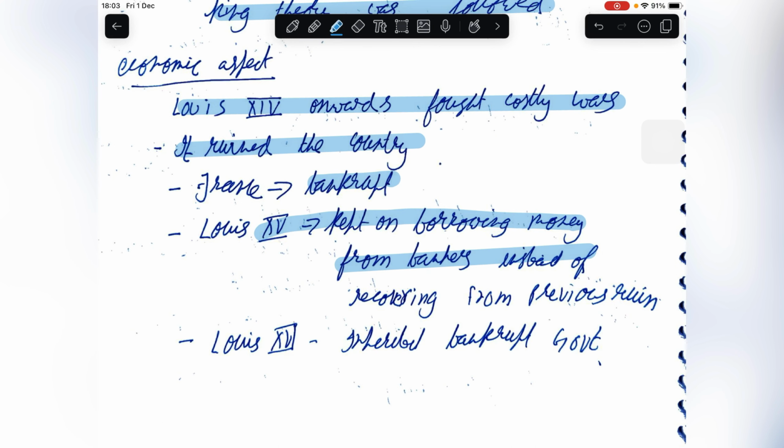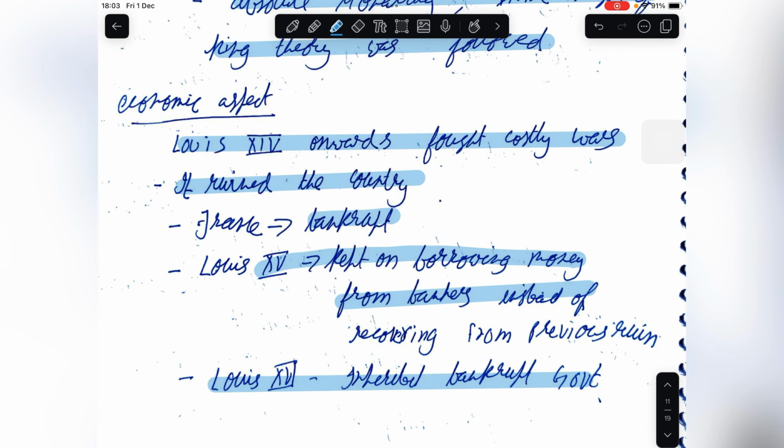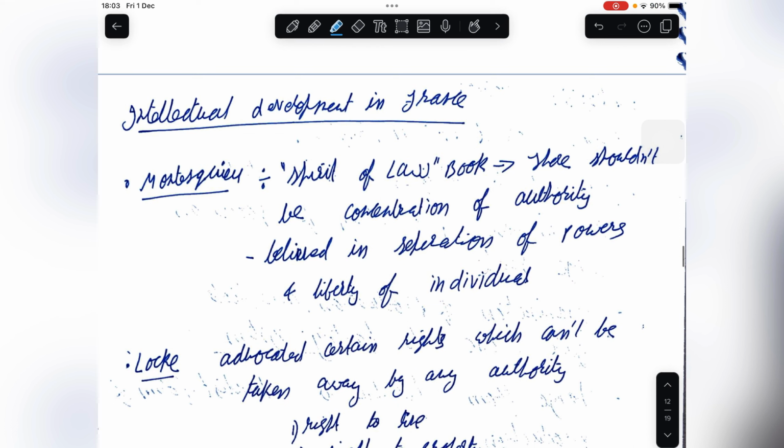So Louis XVI inherited an already bankrupt government. That is the economic aspect. Basically, they fought costly wars and, instead of recovering from the losses, kept borrowing from the banks and just went bankrupt.